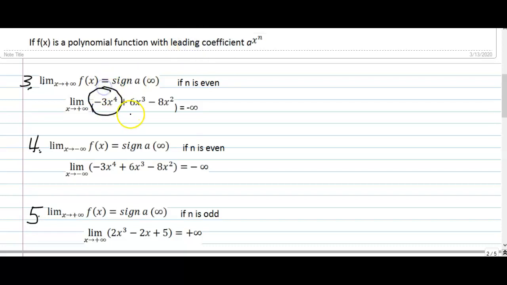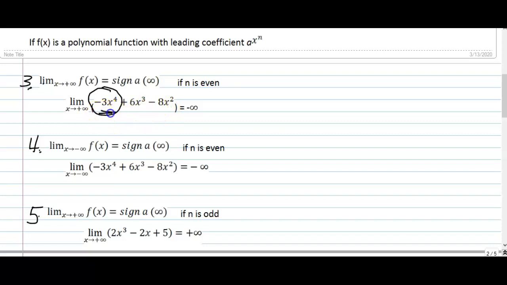So why do we only have to consider this? Well, think about it. If we're taking something which is infinitely large and raising it to the 4th power, it's going to become much greater than taking that same large value and raising it to the 3rd or 2nd power.